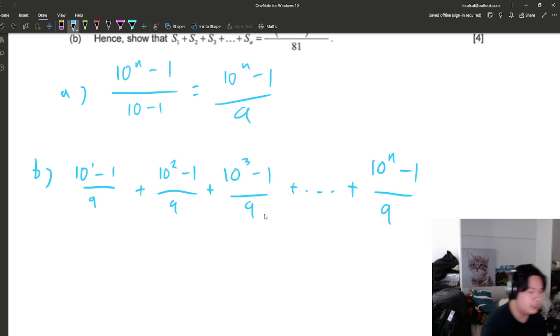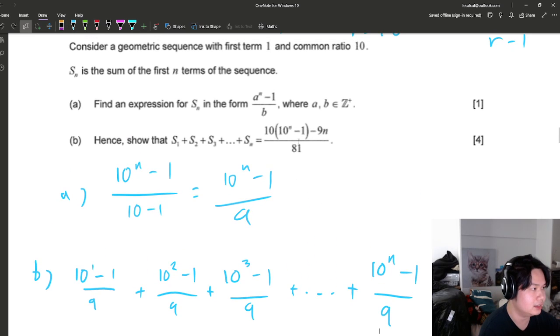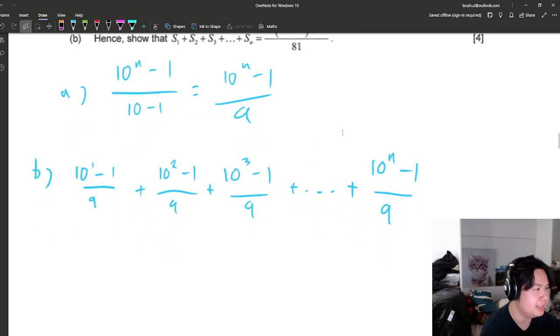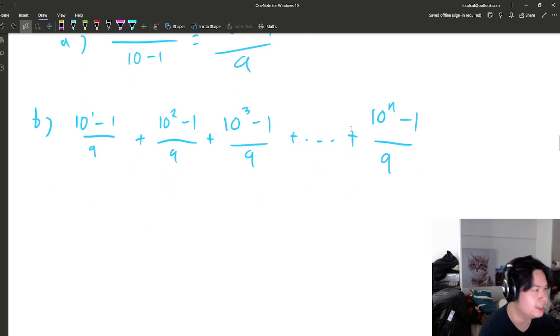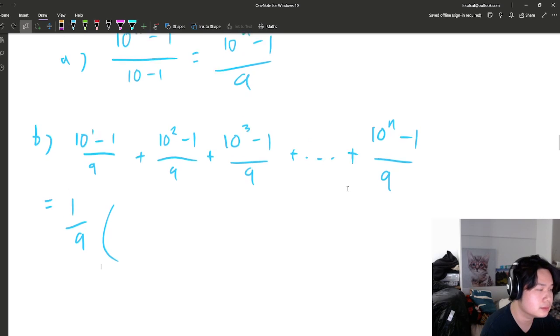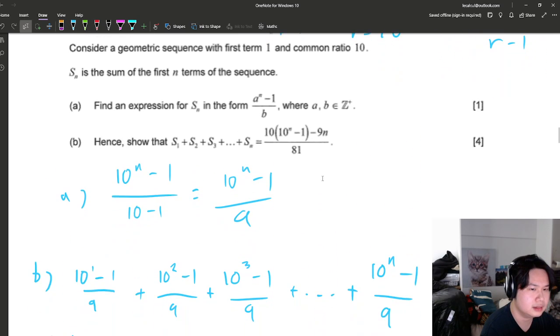Okay, and then we've got to simplify this. We've got to collect all of our terms together and get it to here. One thing is, these all are over 9, so I'm just going to take that out. And then, oh, I see what they're doing.